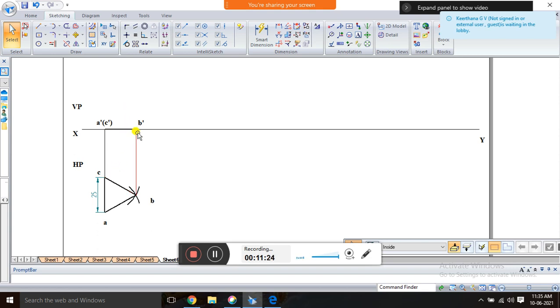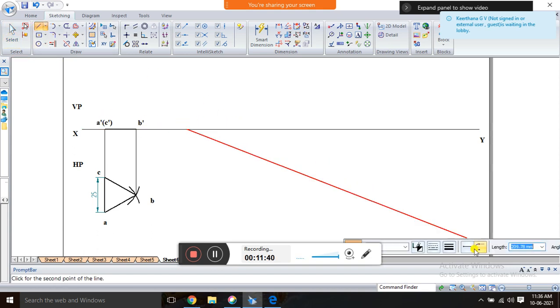So in the second position, take any convenient distance, and draw this line at 60 degrees. Clear? Place it at any convenient distance, and this is at 60 degrees.